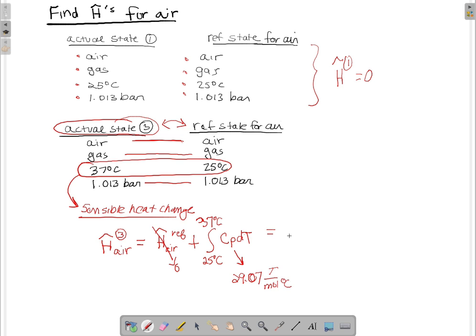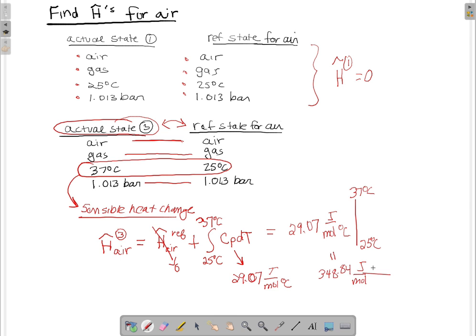So we can figure out that the specific enthalpy of air in the exit stream, stream 3, is 29.07 joules per mole degree C, evaluated from 25 degrees C to 37 degrees C. That equals 348.84 joules per mole.